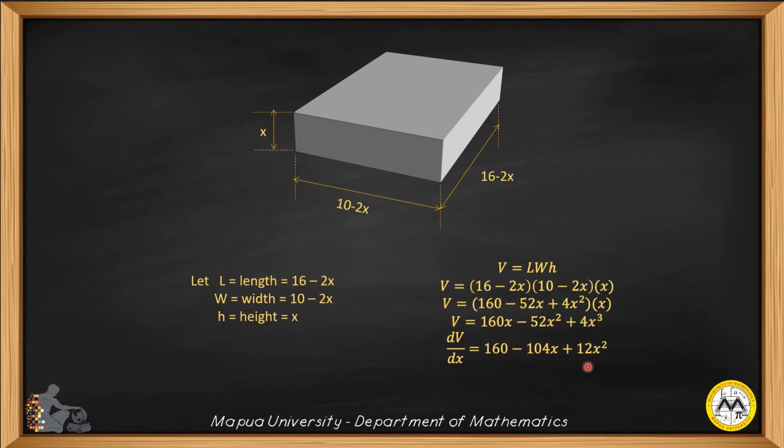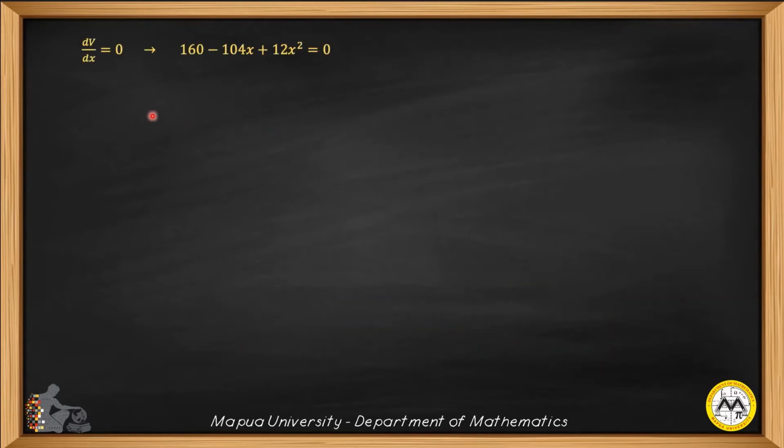So we work on the derivative dV/dx, giving us 160 minus 104x plus 12x squared. The next step is to set the derivative dV/dx equal to 0. Hence we have 160 minus 104x plus 12x squared equals 0.